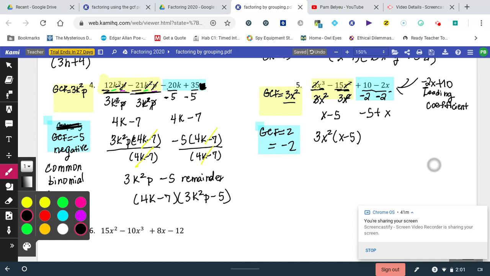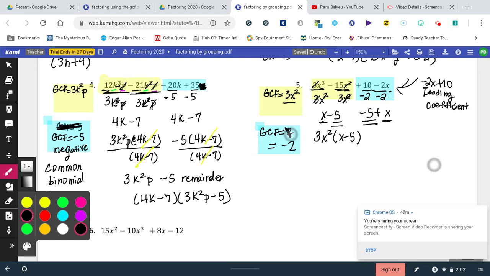Yes, they are, because if you look, this is a positive x, and that is a positive x. This is a negative 5, and that is a negative 5. So they're just written backwards, but it's still x minus 5, okay? Negative 5 plus x is still the same as x minus 5.